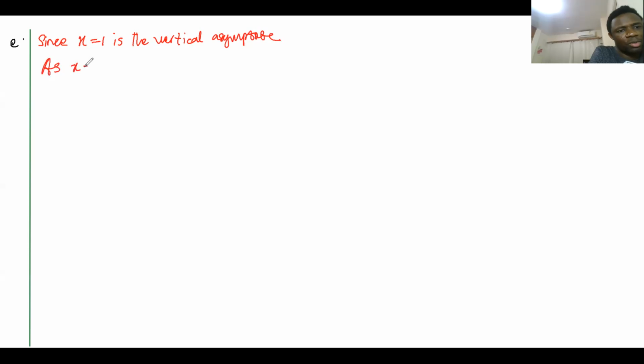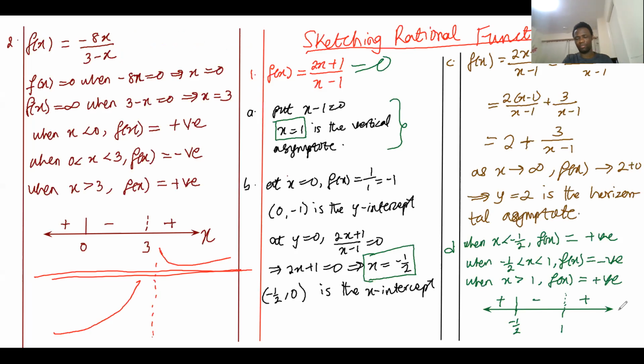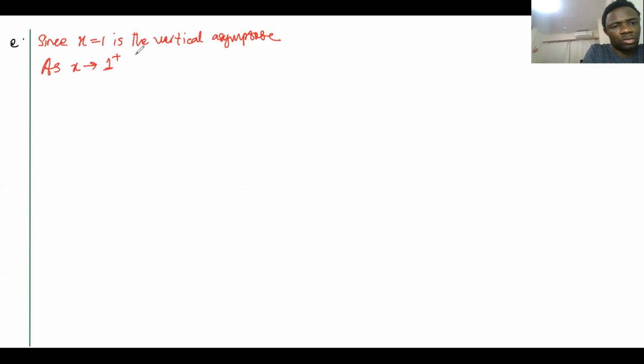As X approaches 1, 1 plus means from the positive side, from here, from above. What this means is as X approaches 1 from above. That's what it means.